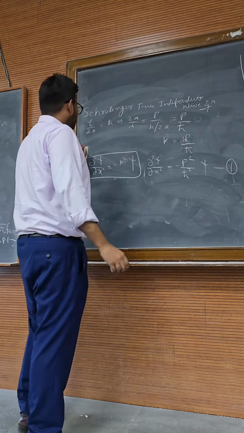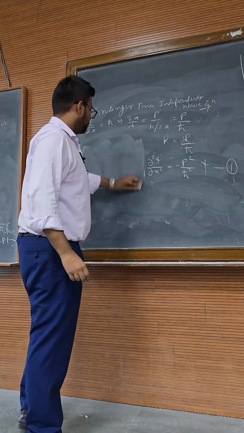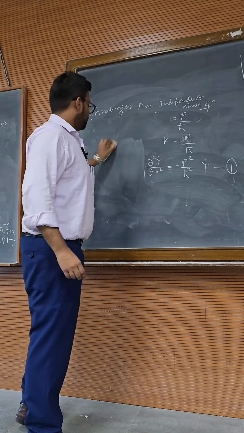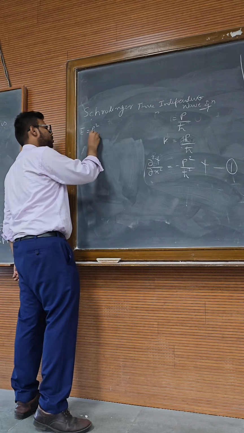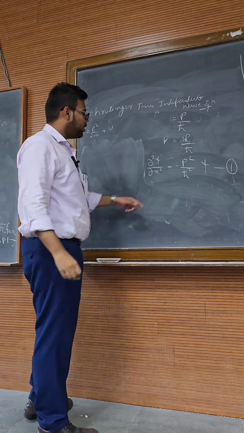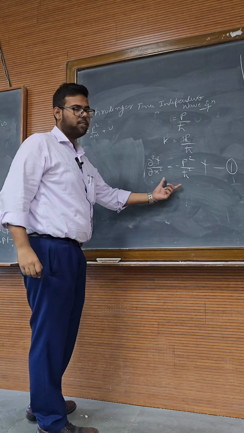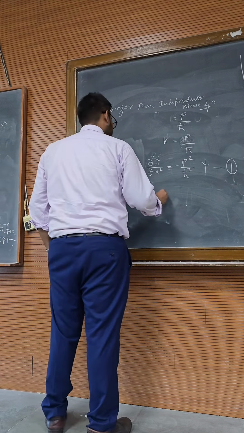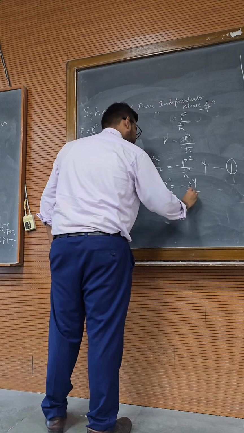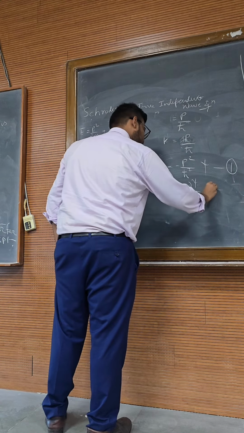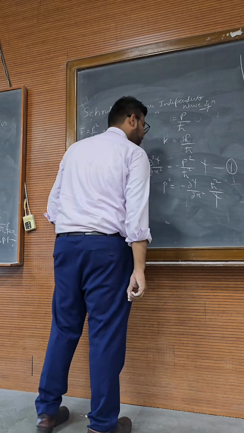Okay, now observe that we have proved that energy is equal to p square by 2m plus u. So from this you can solve for p square from equation number 1, and you will get p square is equal to negative del 2 psi by del x square into h cross square by psi, right? You will get this.